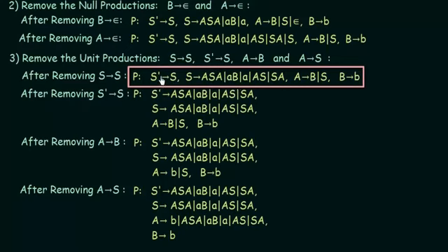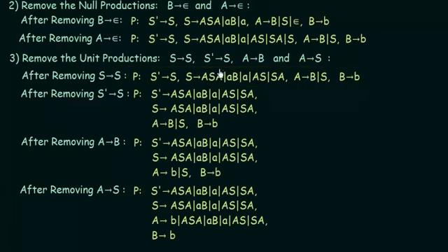So instead of writing S dash gives S, I will replace this S with the whole set of variables which this S produces. So I will write S dash gives ASA, AB, A, AS and SA, then S remains the same, this whole thing, and A and B also remain the same.